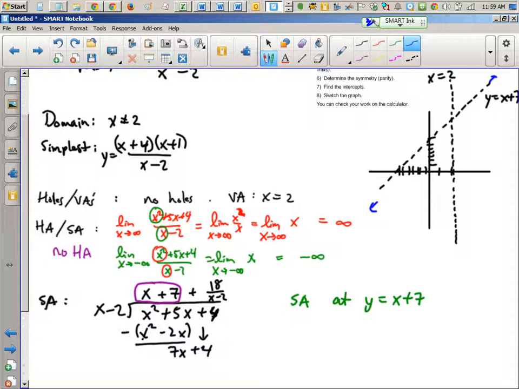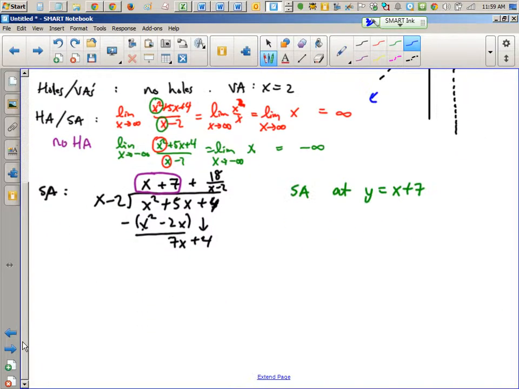All right, we were going to check for the behavior near that asymptote. So let's do a left and a right side calculation on x equals 2. Behavior near the VA. Let's do the limit as x approaches 2 from the left.